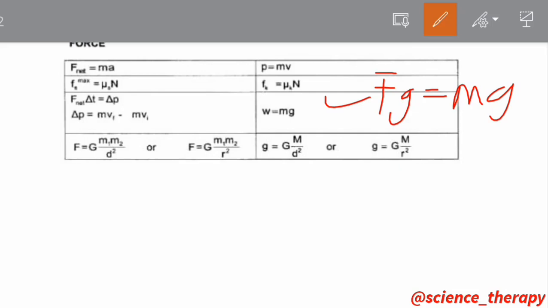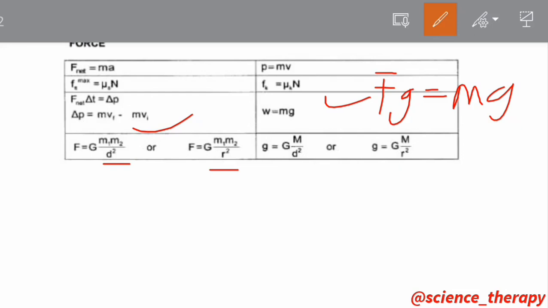Then we also have this formula here, so it can be that one or this one. The only difference is that the first one has d squared and the second one has r squared, where d represents distance and r represents the radius, right? So it can be the radius or just the distance between the surfaces.